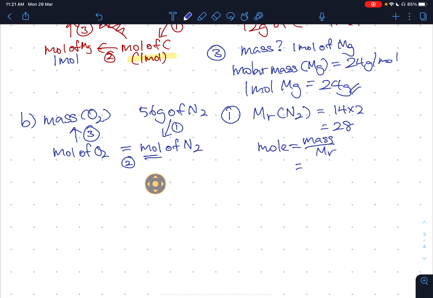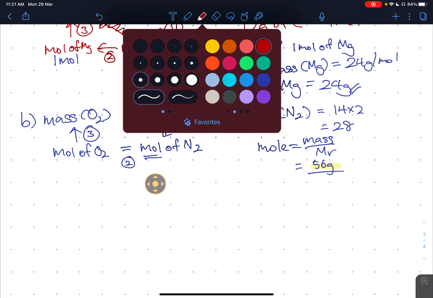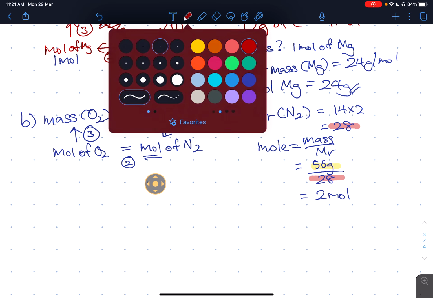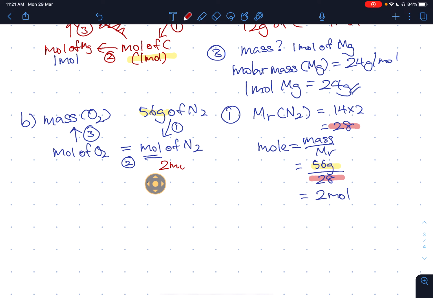So that will be equal to 56 grams divided by the Mr, which is 28. 56 divided by 28 is equivalent to 2 moles. So now I know that there are 2 moles of N2, which is equivalent to 2 moles of O2 as well.